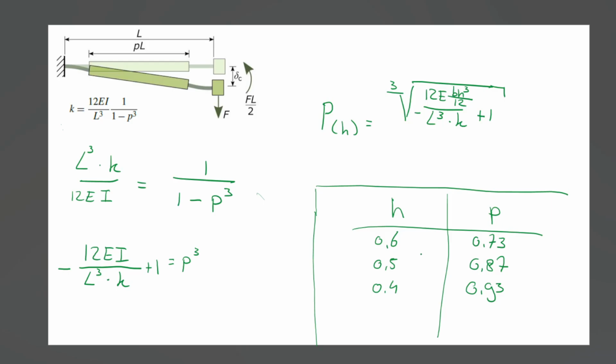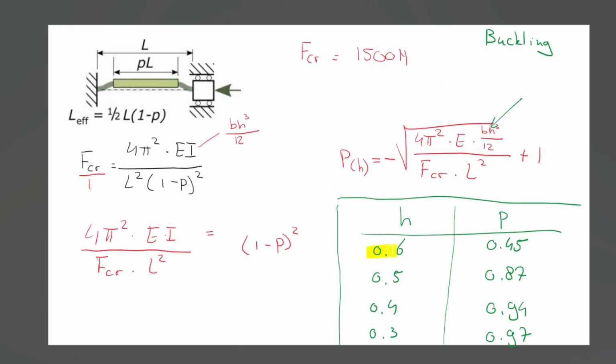Now we are going to try and see what kind of values make sense. So for 0.6, for instance, we have a value of 0.73. And for this one, it was 0.45.